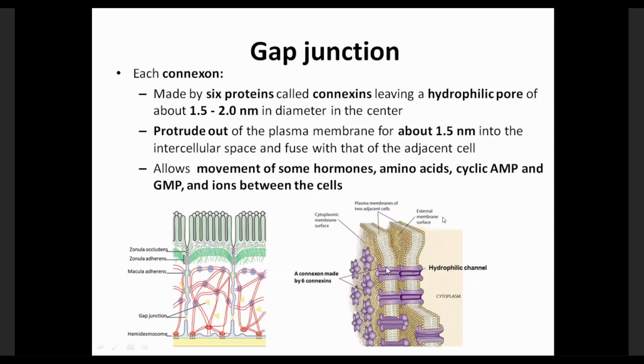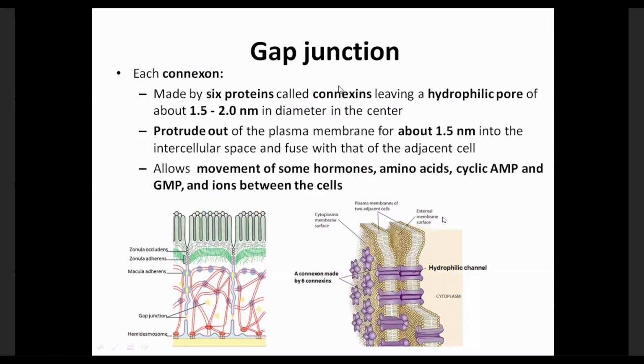So one, they are connecting the plasma membrane of one cell with another cell. So they are an attachment. The second is that because they have a hole in the center, substances with a diameter less than this size, and if the charge allows, could flow from one cell to another, such as small hormones, amino acids, AMP, ions, and GMP can be communicated between the cells.